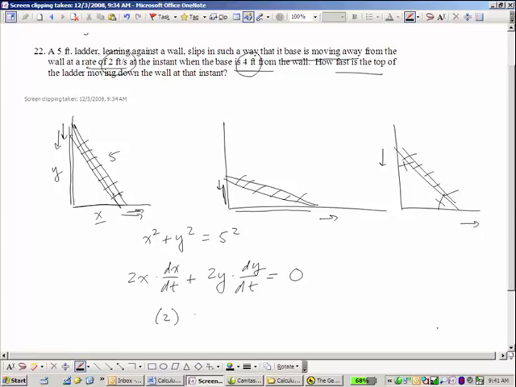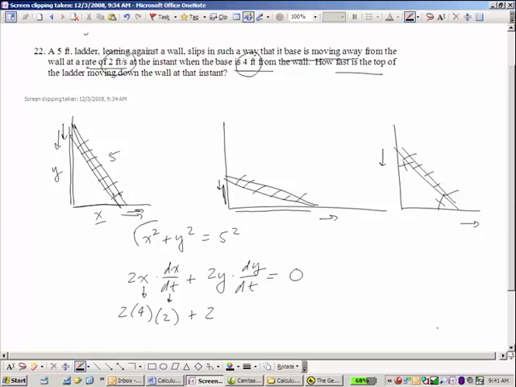What else do I know? You know that x is 4 because the base is 4 feet from the wall. Okay, so x is 4 because x is 4 feet from the wall. Do I know anything else? You substitute in for y. Tell me what you mean. Well, can you get it with one variable since you know x squared plus y squared equals 25?